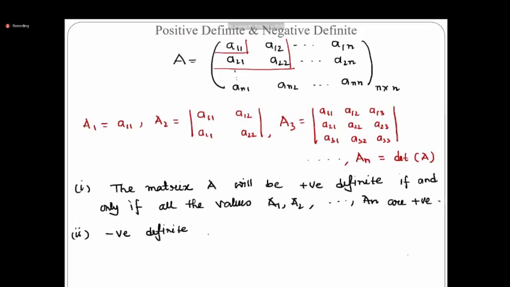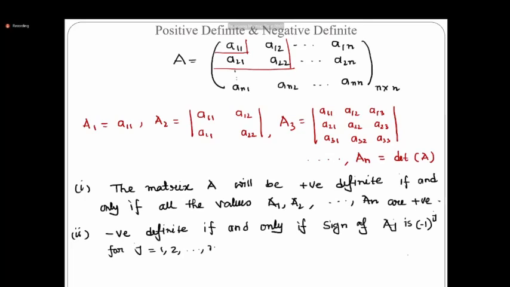The matrix is negative definite if and only if the sign of Aj, if we consider the general term Aj, is minus 1 to the power j, for j equal to 1, 2, up to n. Is it fine? Yes, sir.